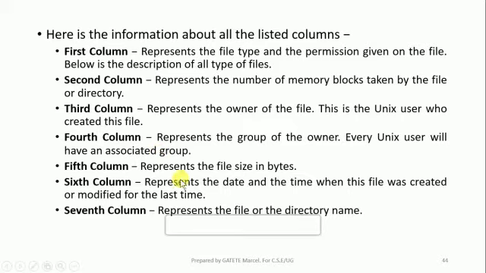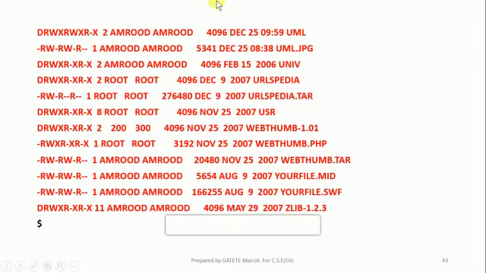The fifth column will represent the file size in bytes. This is having the file size of 4 megabytes, 4 kilobytes, 0.96, like this.